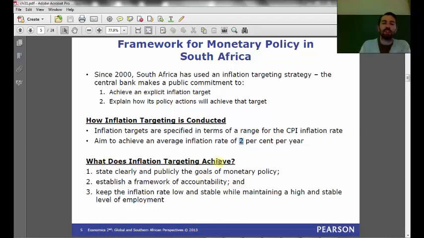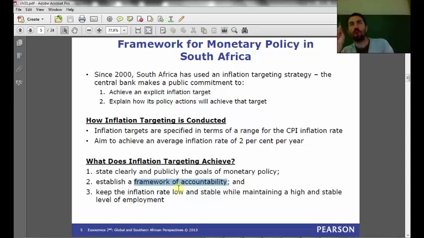What does inflation targeting achieve? It clearly states what the goal of monetary policy is. That's what inflation targeting does. We say this is what it is, so our goal is clearly stated, which therefore allows us to establish a framework of accountability. We can therefore hold the Reserve Bank accountable. Hang on a minute, are you achieving that range or not?